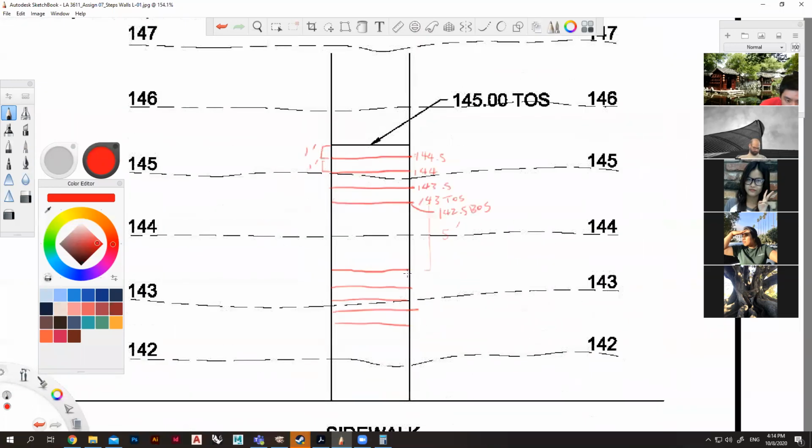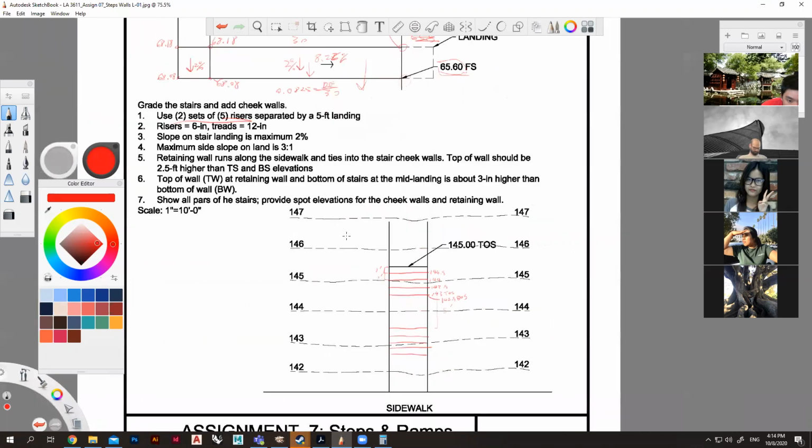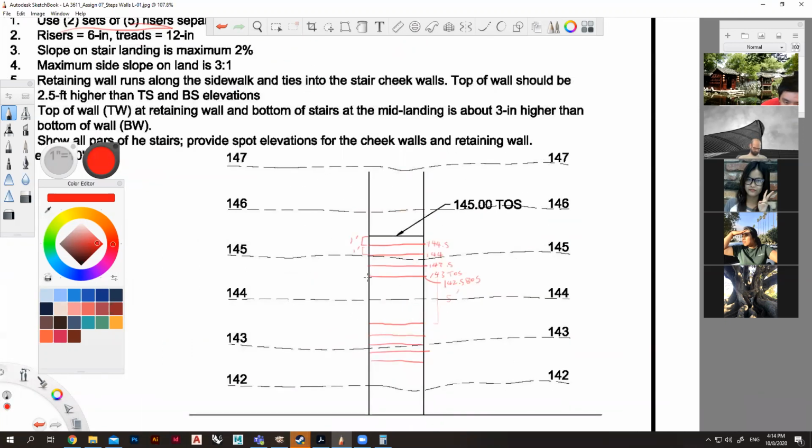So where are we? We need to find these spot elevations as well. So over here, we need to find out what this ramp is. Does it have a slope on the landing of 2%? So this thing is 2%.